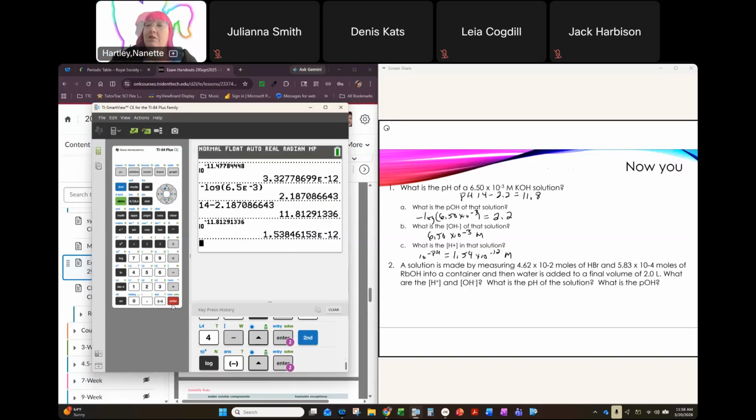Okay. Now a solution is made by measuring 4.62 times 10 to the minus 2 moles of HBr and 5.83 times 10 to the minus 4th moles of RbOH into a container, and then water is added to a final volume of 2 liters. What are the H plus and OH minus, pH, and pOH?